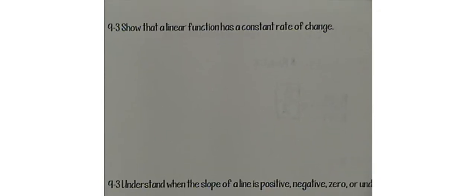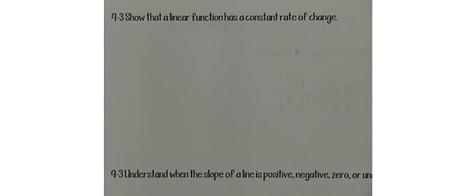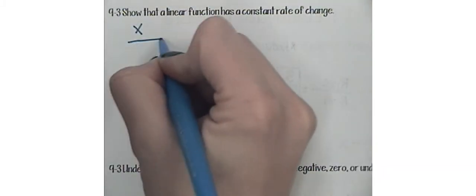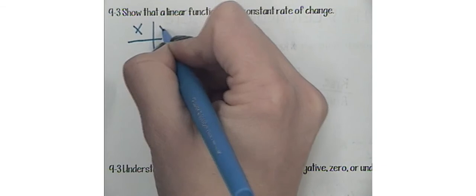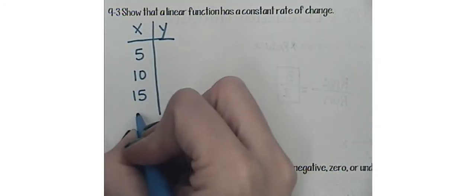A learning target from 9.3 was show that a linear function has a constant rate of change. Usually we do this from a table. So x and y, and let's go 5, 10, 15, 20.